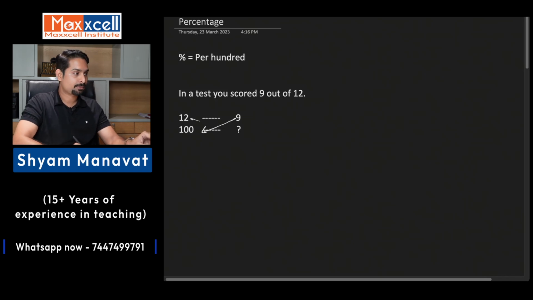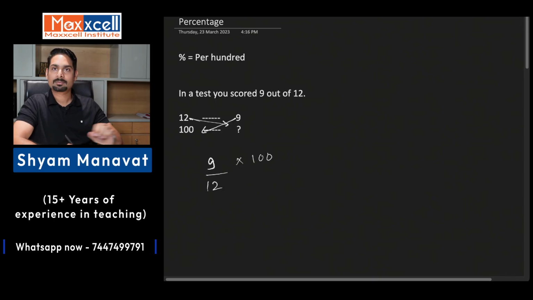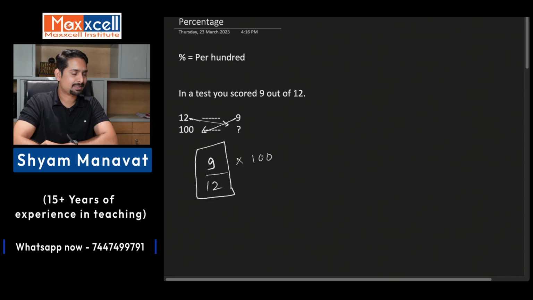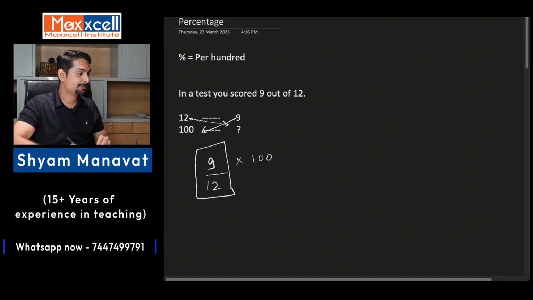If you cross multiply here, what you get is 9 into 100 divided by 12, right? That's how you get this question mark value. You don't have to take much stress on this. This is just for the explanation of what percentage is and how we convert the value into percentage. So it's 9 by 12 into 100.